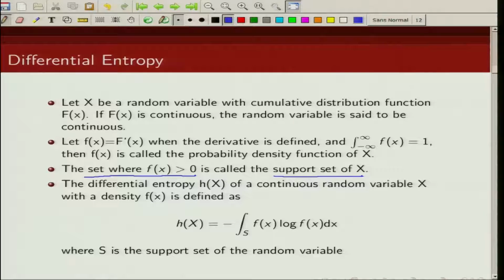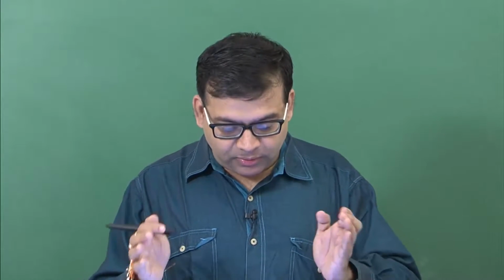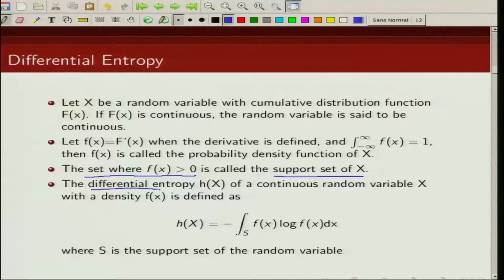These definitions are very similar to the definitions we had for the discrete case. If you recall, for the discrete random variable we defined the support set as the set where probability p of x is greater than 0. Now the differential entropy of a continuous random variable is defined as follows.